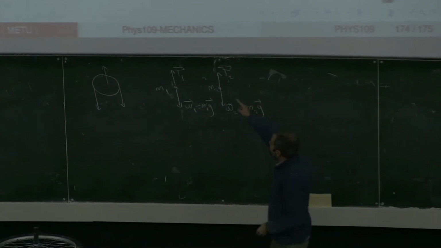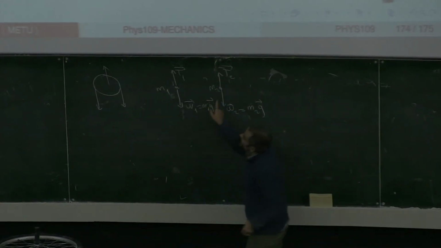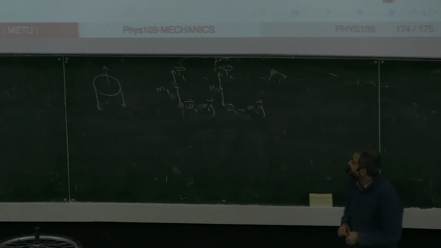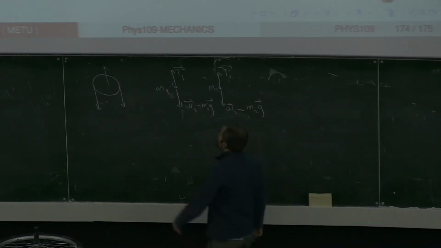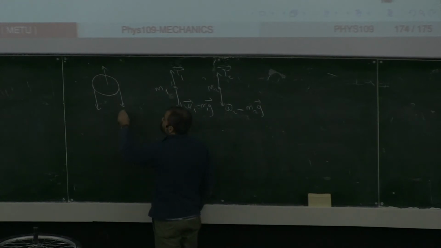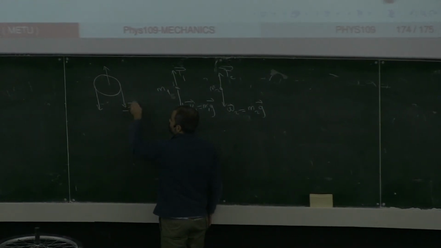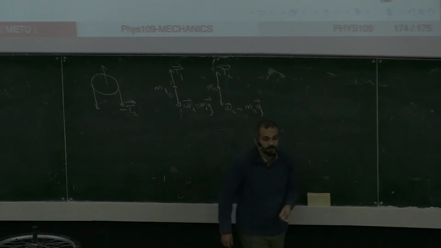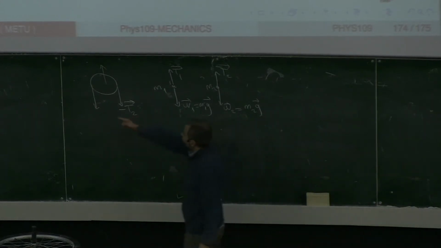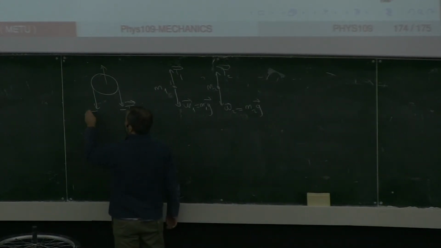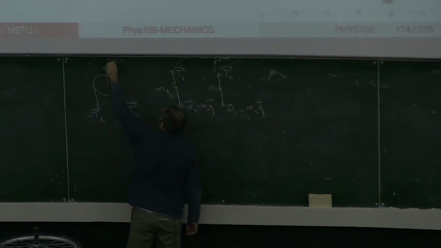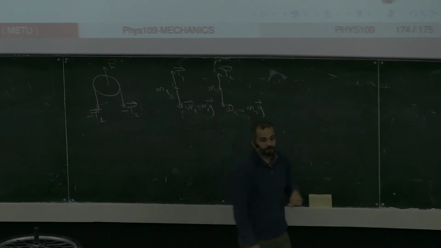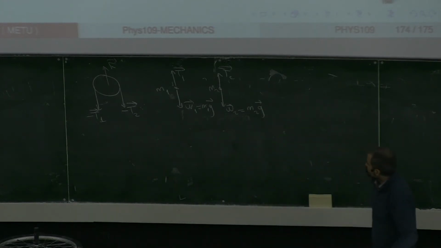Now, if the force acting on M2 due to the tension is pointing upward, the force is T2, then the force acting on the pulley would be minus T2. They will be just action-reaction pairs. And the other one on the left-hand side will be minus T1. And here I have some force F. Well, that force I will not really care about. So I have three free body diagrams.